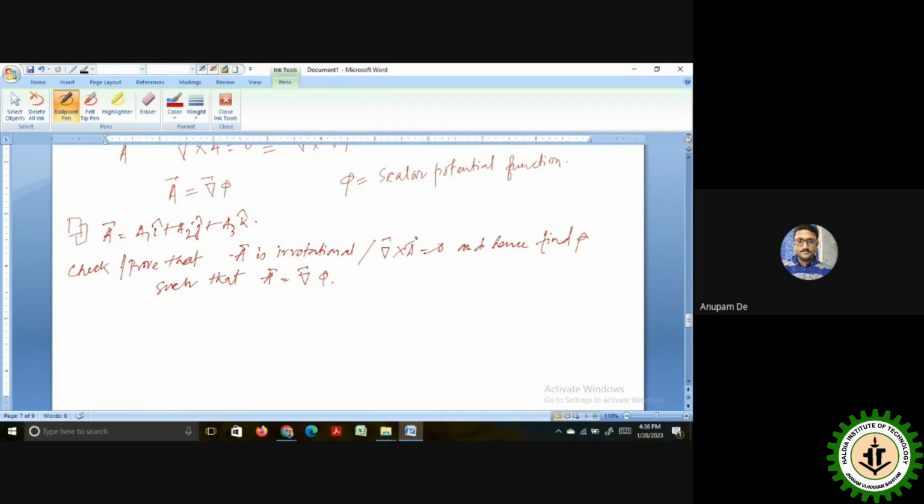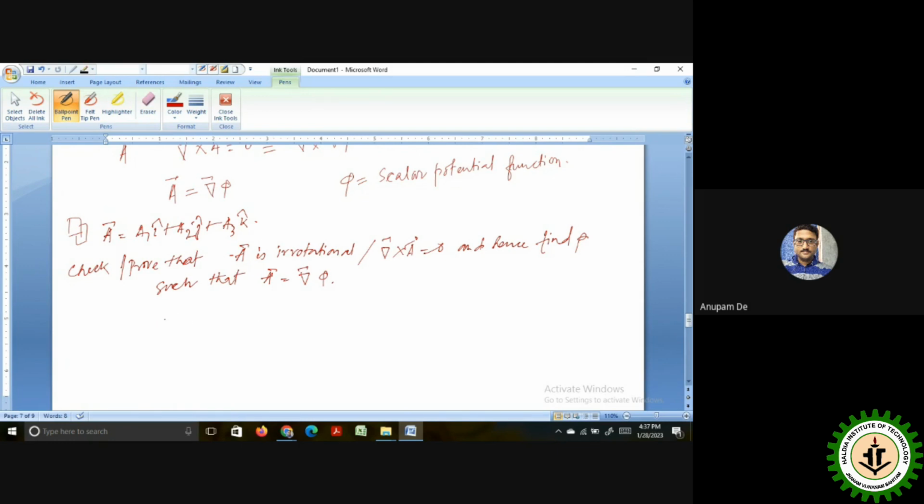Is the question clear? Yes, sir. So you will be given a vector, and from that vector you need to find the scalar function phi. Now how to prove it?